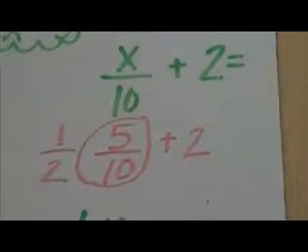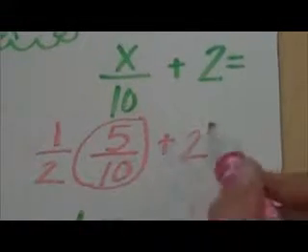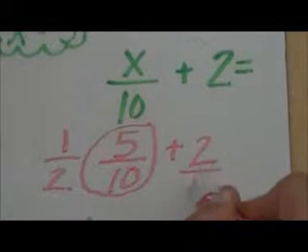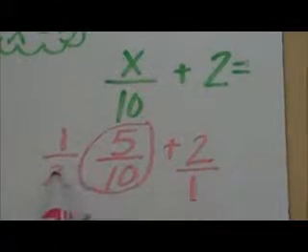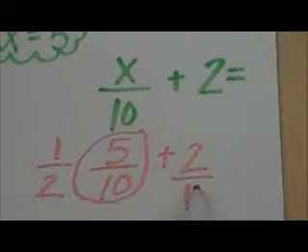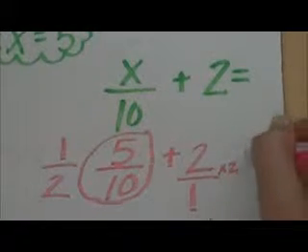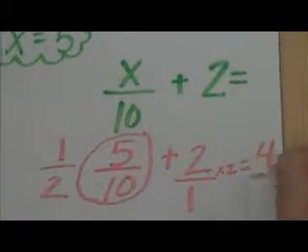Well, I can't do any addition until I find common denominators. And I know that this 2 is actually 2 over 1. So I have a denominator of 2 and a denominator of 1. I can make this 1 a 2 by multiplying by 2, so this is actually going to be 4 over 2.